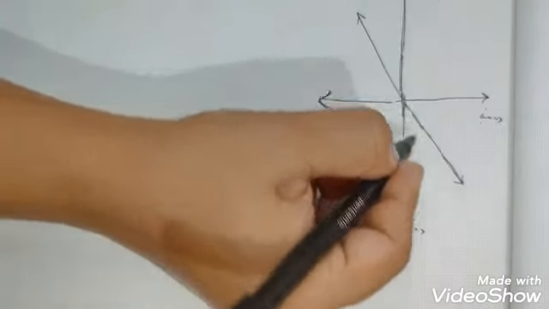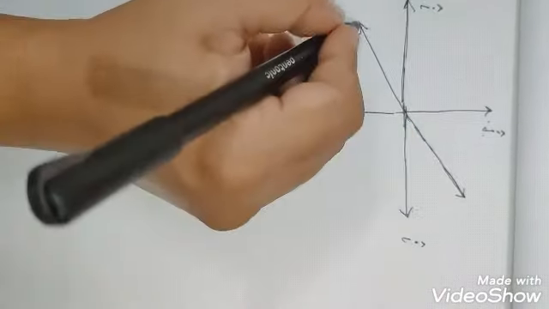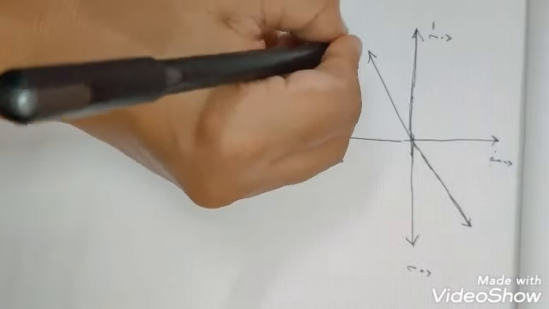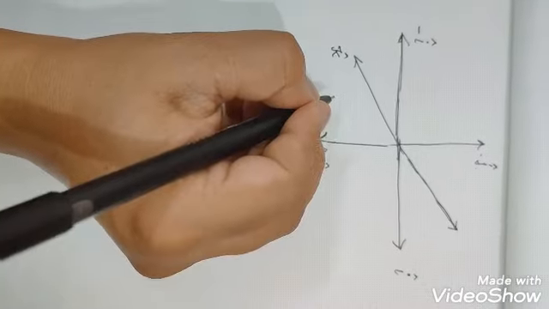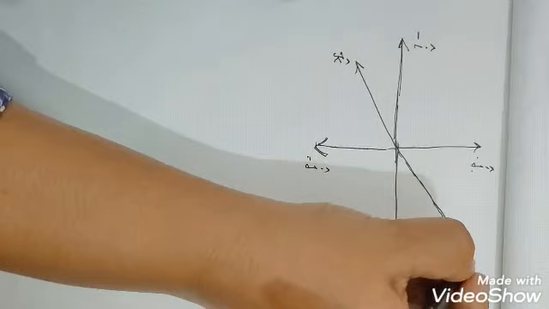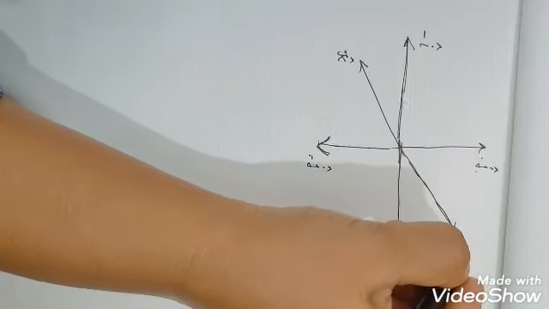Now if you see the z direction, the vector is represented with the letter k cap, and the negative z direction with minus k cap.